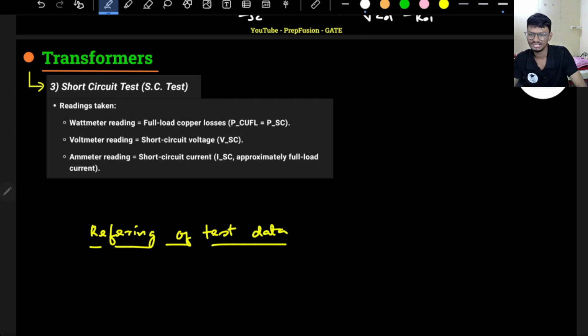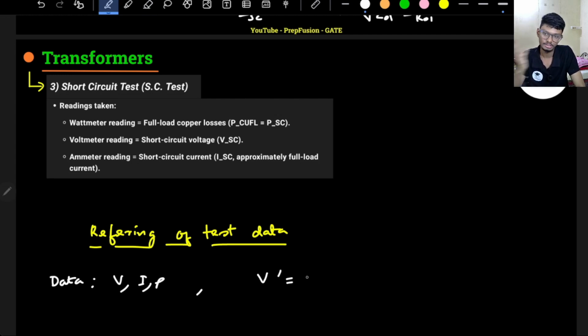What will you do? It's very simple. Test data has mainly three instruments: voltage, current, and power. How is voltage referred? Simply by the turns ratio.